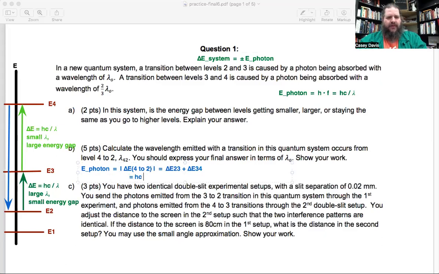So we've got hc over lambda from 2 to 3, which we're just calling lambda sub 0, plus hc over lambda from 3 to 4, which is only 2/3 that much. So if we add those together, then that will tell us the energy lost from 4 all the way down to 2. Any questions on that so far?